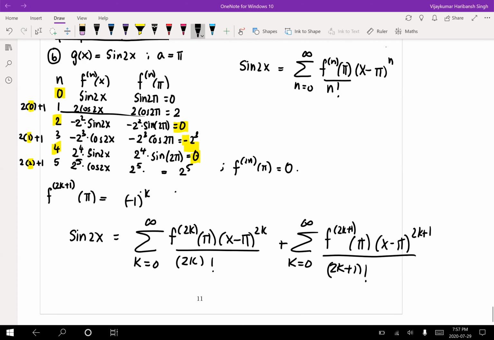And now we know that the even part is becoming 0. What are we left with?